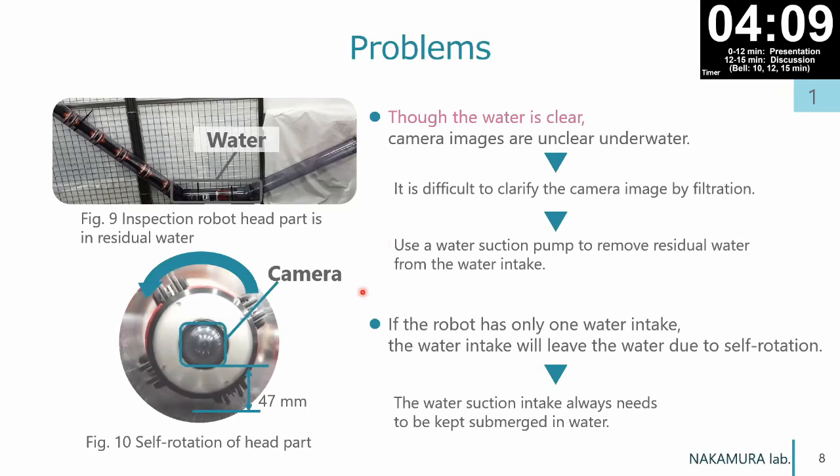Second, if the robot has only one water intake, the water intake will leave the water due to self-rotation, as in figure 10. For this problem, the water suction intake always needs to be kept submerged in water. Therefore, the mechanism must solve these problems.